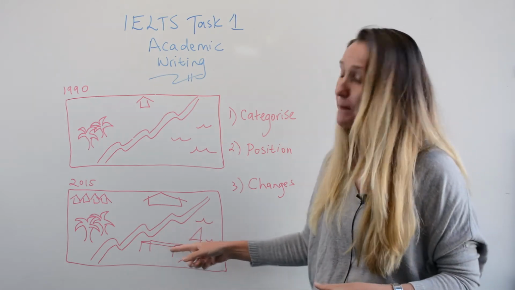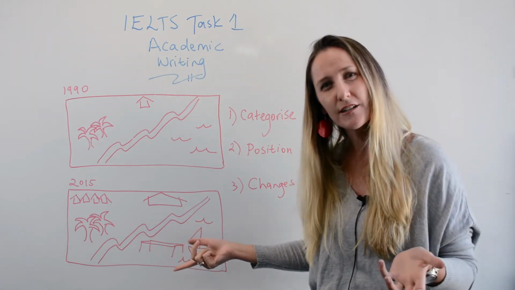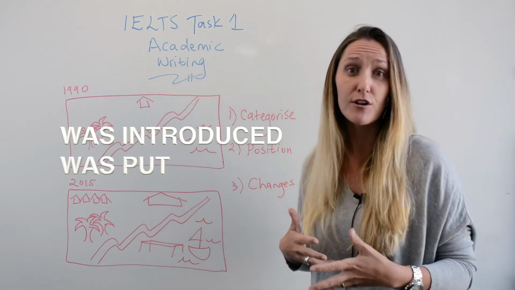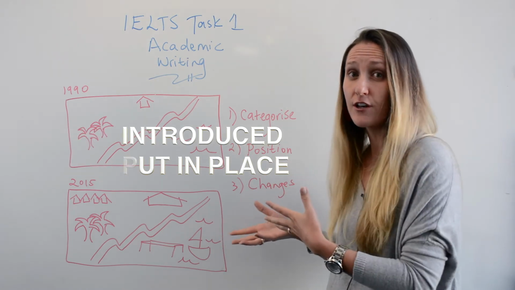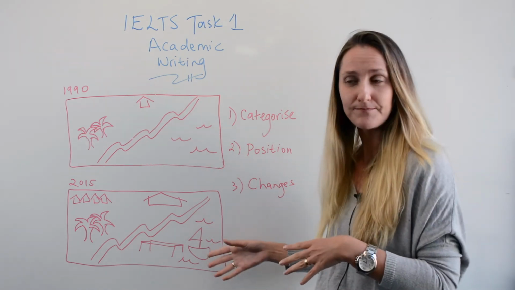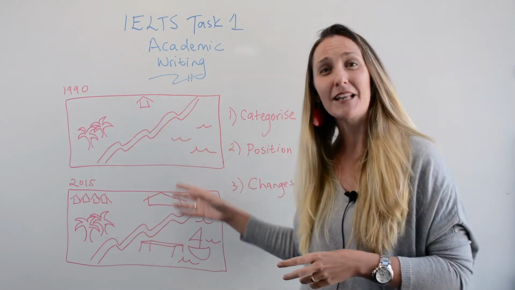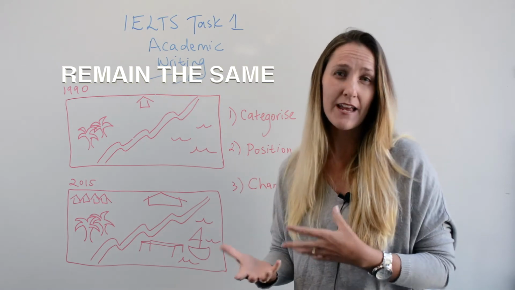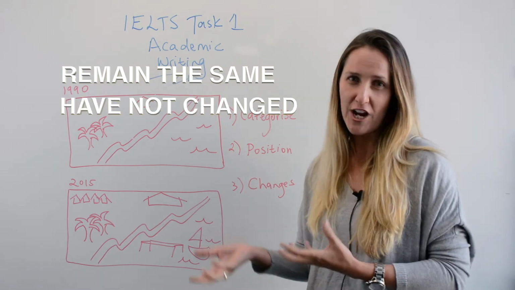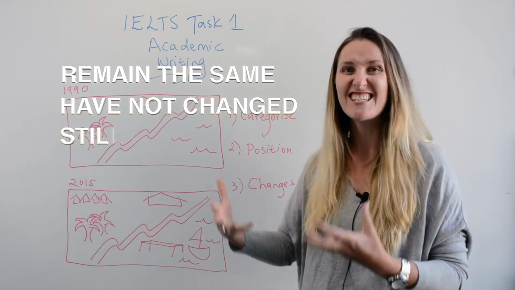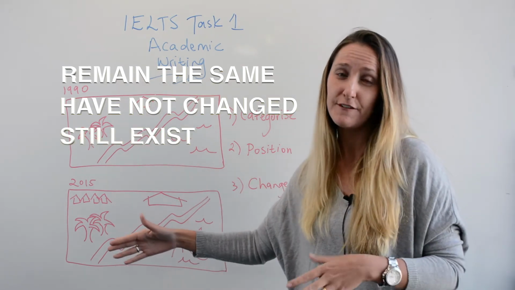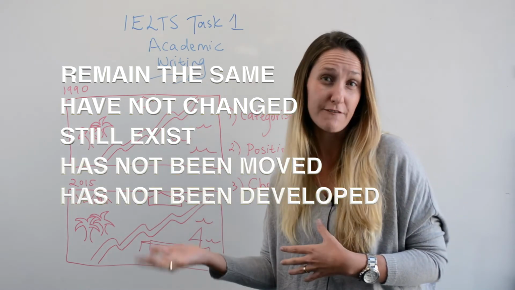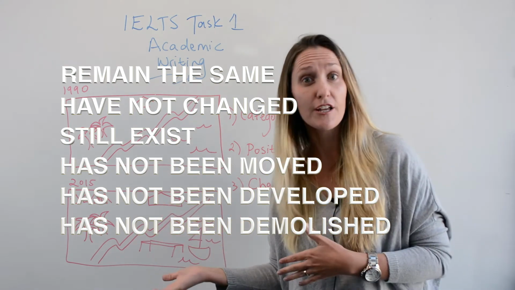If we're talking about the pier, we could also use construct, build, a pier was introduced, a pier was put in place for the use of sailors and their boats. And when we're talking about similarities, we can say these features remain the same, these features have not changed, the palm trees still exist in 2015, the road has not been moved, has not been developed, has not been demolished.